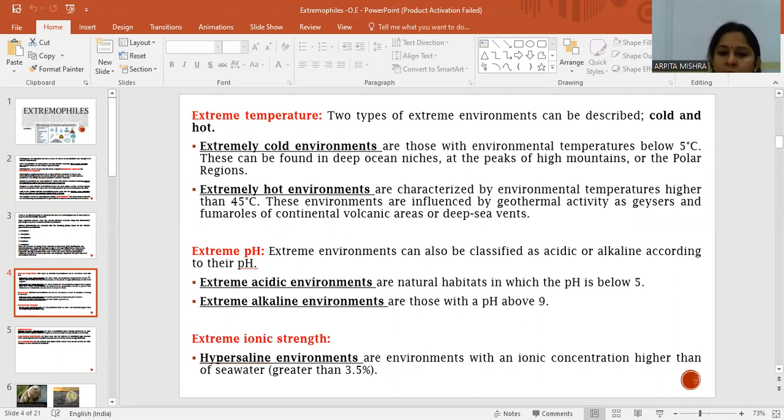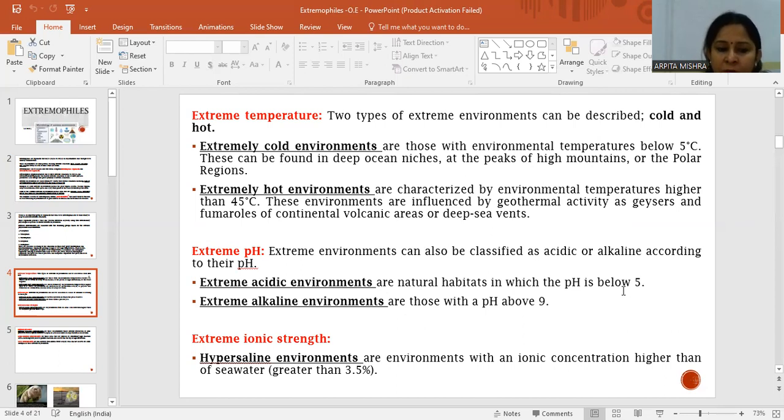Generally, these can be found in deep ocean niches, at the peak of high mountains, or the polar regions. Then we have extreme hot environments also, which are characterized by environmental temperature higher than 45 degrees Celsius. Those are known as thermophilic organisms. So when we are talking about temperature, they can be thermophilic or cryophilic organisms.